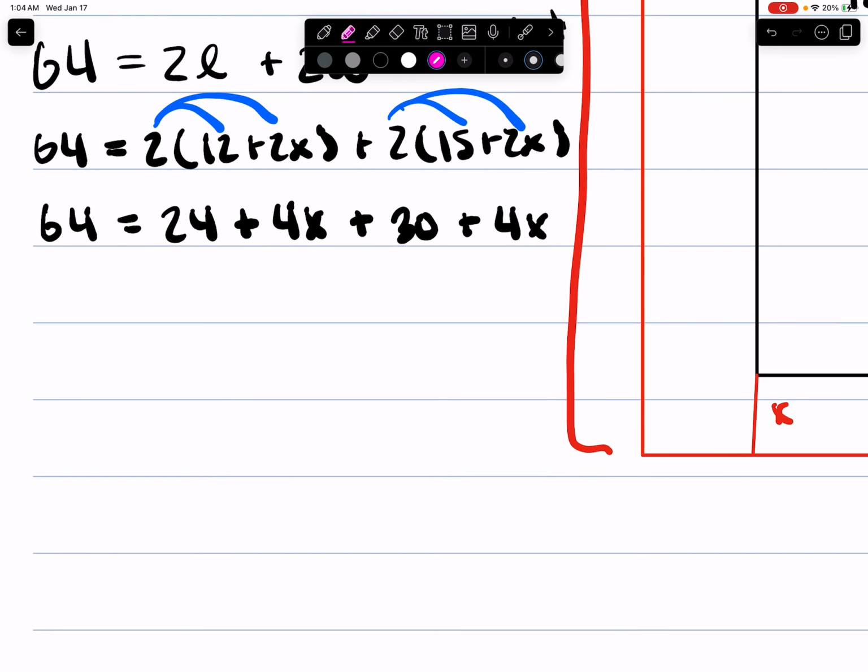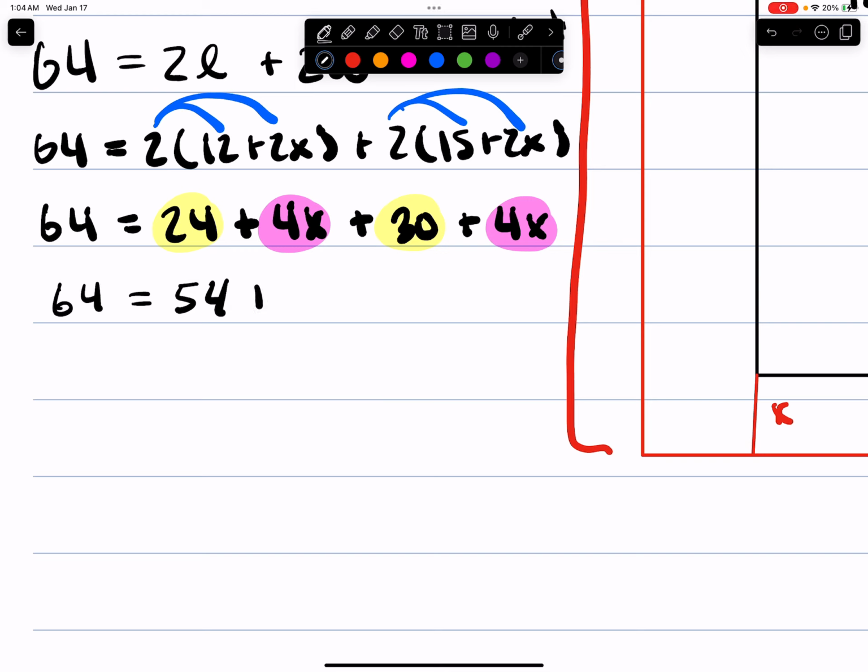Now, just like before, we're going to combine like terms. We're going to combine this 24 and the 30, and then also the 4x and the 4x. And that gives us 64 equals 24 plus 30 is 54, and then 4x plus 4x is 8x. Then we just need to solve for x to find the width. How do we do that? Well, we want to get x by itself.